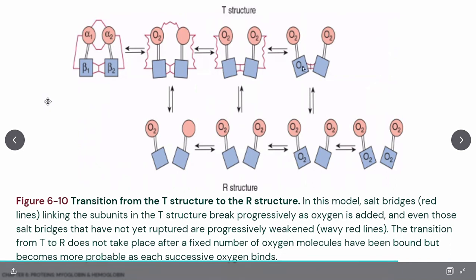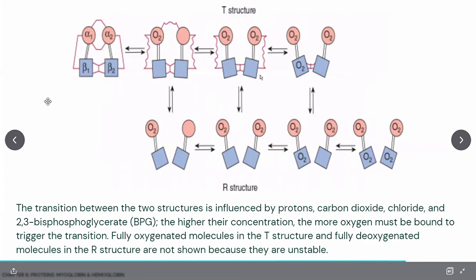And then when there is another oxygen, either from here it could jump into here, or this one could jump into here, until you have all the heme being oxygenated. And you will notice that there are no more ionic bonds.